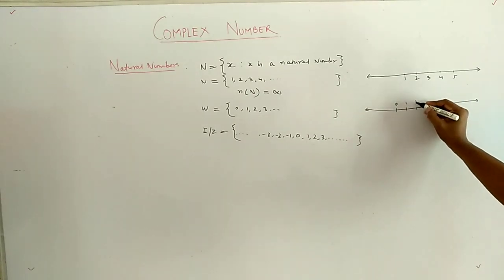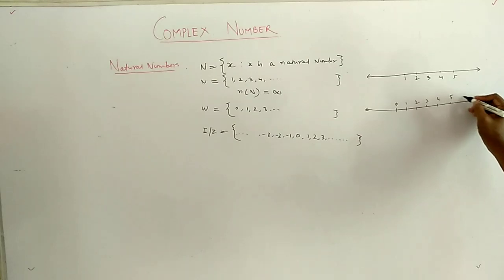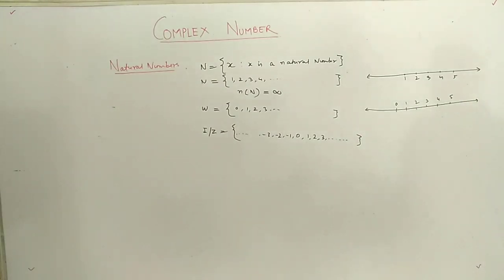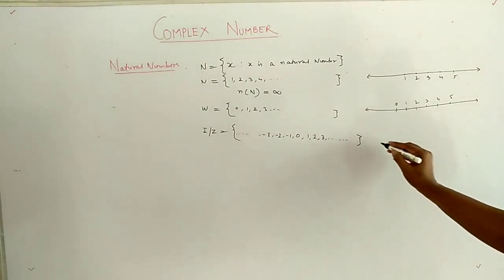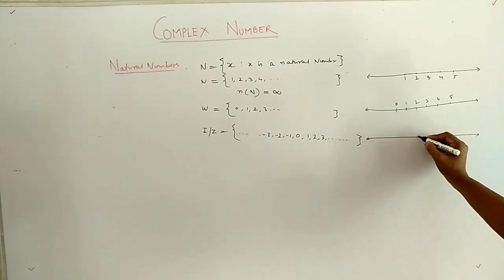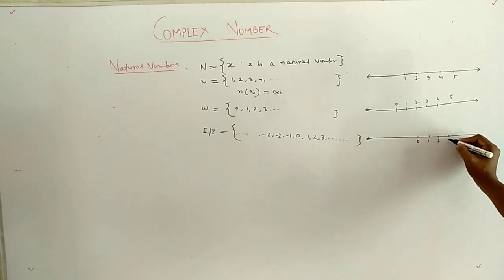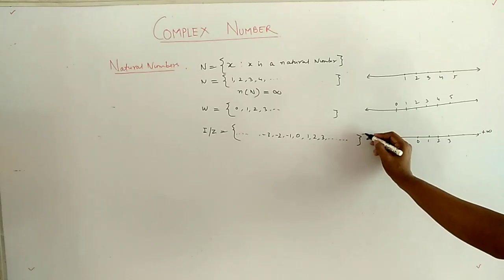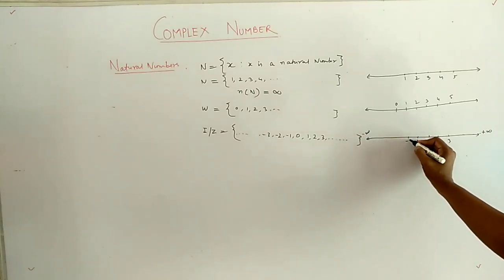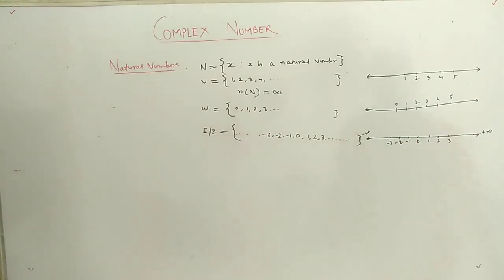So 1, 2, 3, 4, 5 and 6. Now you go for the integers, then you can say these are integers, and this is 0. So 1, 2, 3 towards positive infinity, and this is negative infinity, -1, -2, like that.